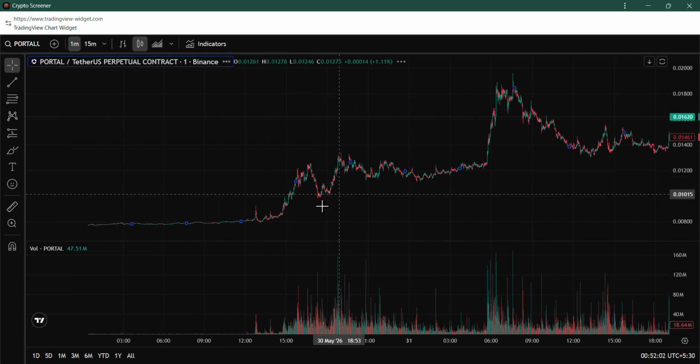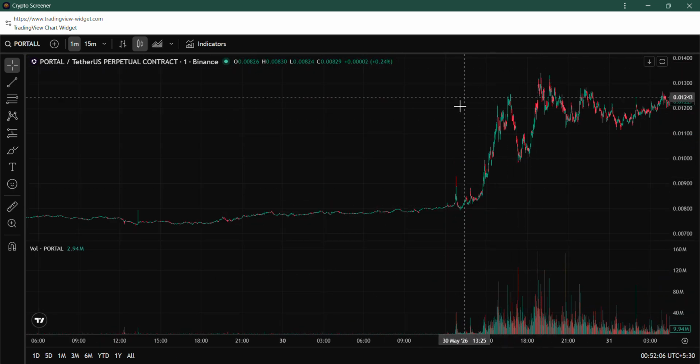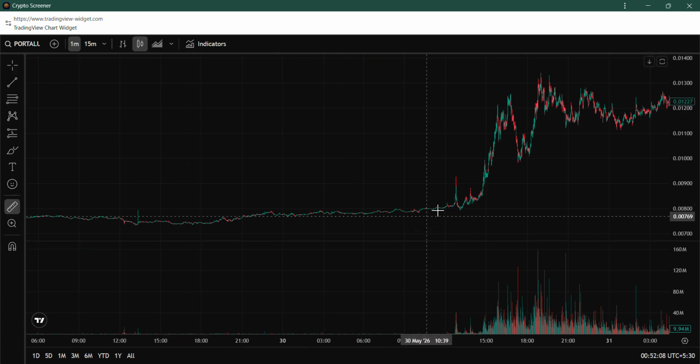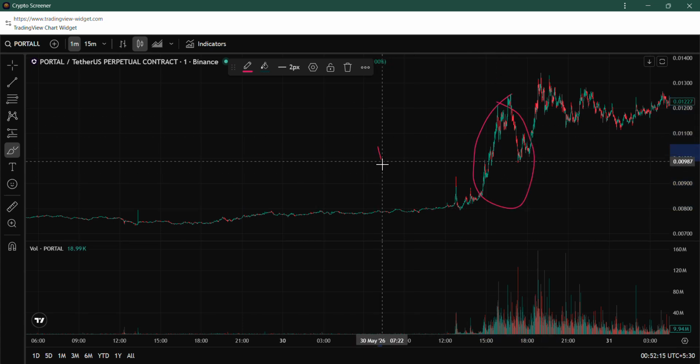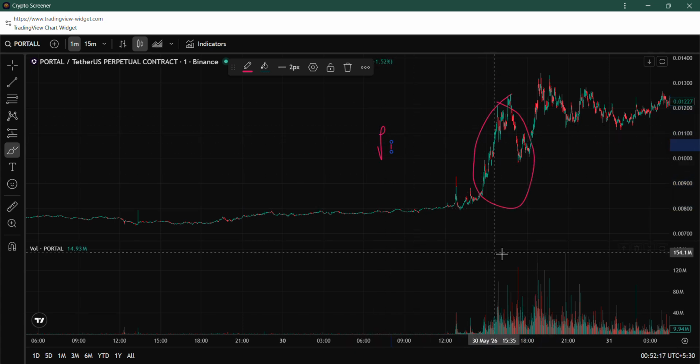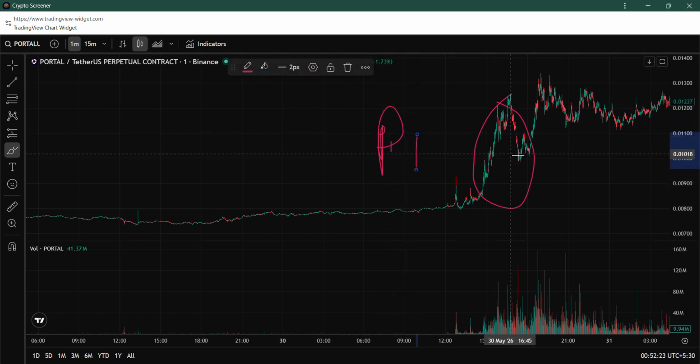So clearly, I can show you that when I shift to the 1 minute chart, the first movement is considered as this movement. I can show you that it is P1.